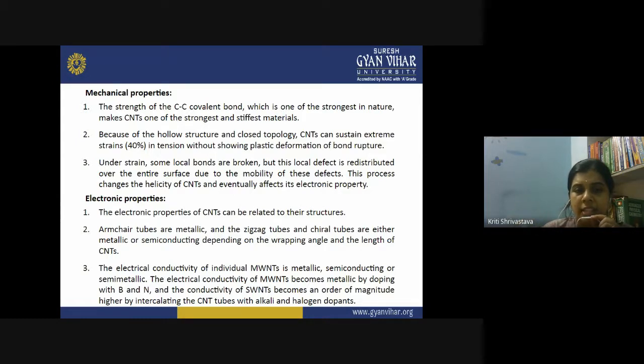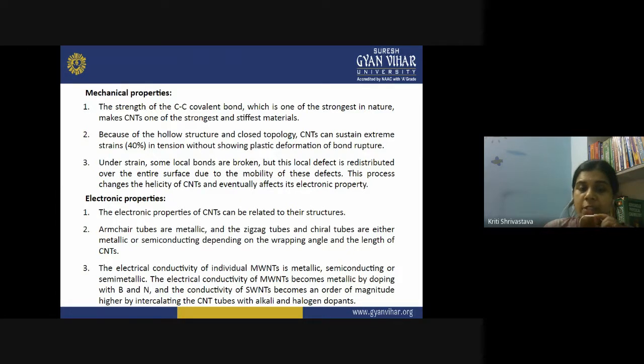And the zigzag tubes and chiral tubes, they are either metallic or semi-conducting, depending on the wrapping angle and length of the CNT. So from this, it would be clear to you in which direction the graphene sheet is rolled. The nanotube can be an armchair tube, it can be a zigzag tube, and it can be a chiral tube, right? So the electronic property of a carbon nanotube depends on the direction of the graphene sheet, the wrapping angle of the graphene sheet, and the length of the CNT.